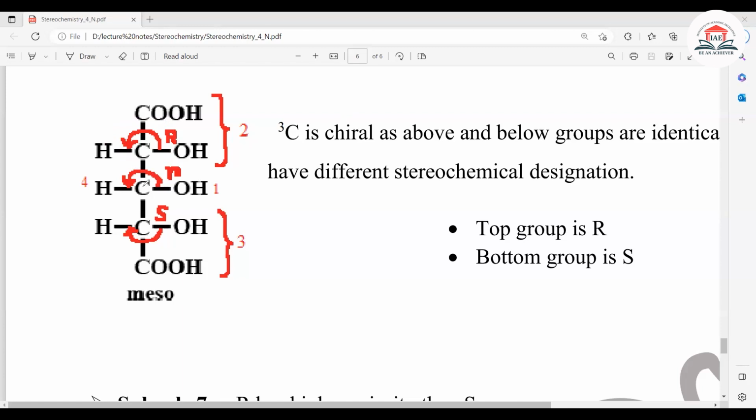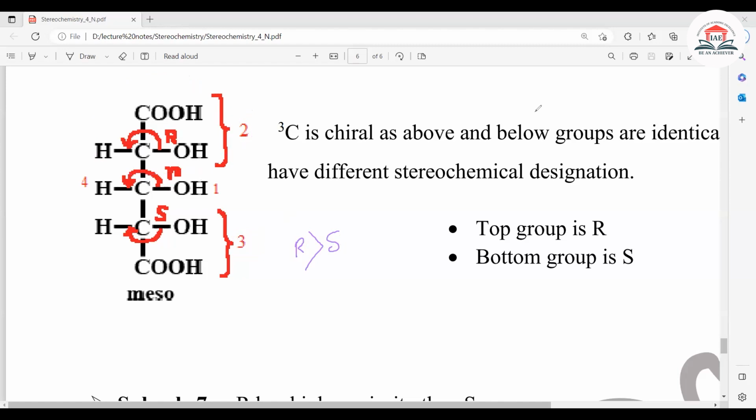Okay, now look at the middle carbon. Here OH has first priority, and then second priority. See this: the priority of R will always be greater than S. Therefore, this top group gets second priority and the bottom group gets third priority because it has S configuration.